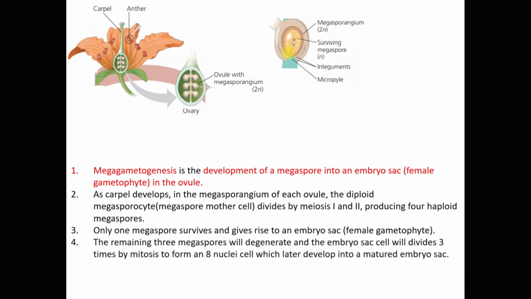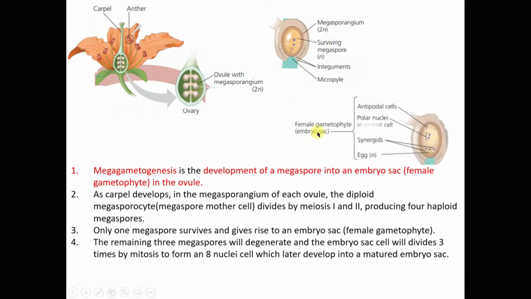The remaining 3 megaspores in this diagram will degenerate, and the embryo sac cell, developed from the surviving megaspore, will divide 3 times by mitosis to form an 8 nuclei cell, which later develops into a mature embryo sac.